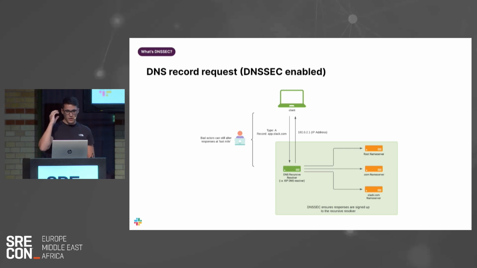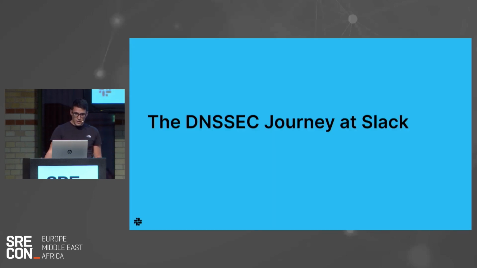That's between the recursive resolver and the authoritative zone. But bad actors can and will still be able to tamper with the request between the recursive resolver and the client. So now that we've briefly touched base on what DNSSEC is, let's go through our journey at Slack.